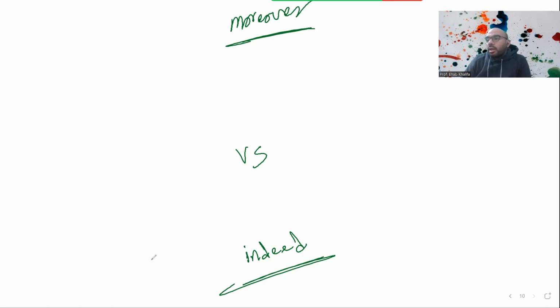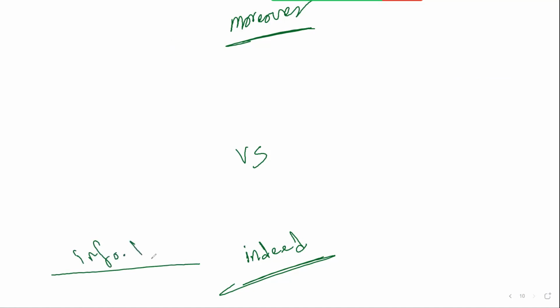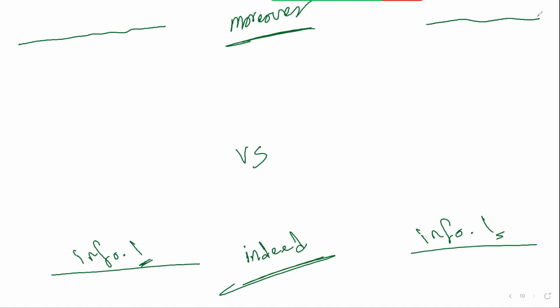Here, guys, indeed, as I told you, you find piece of information one in what comes before and in what comes after the same piece of information. But moreover indicates something different from indeed.